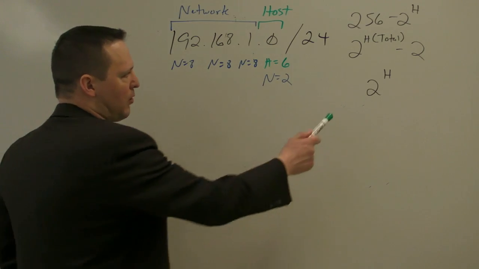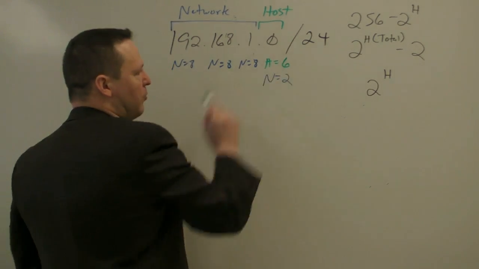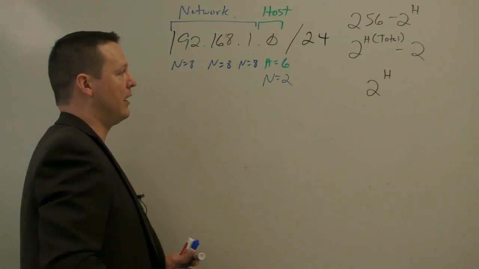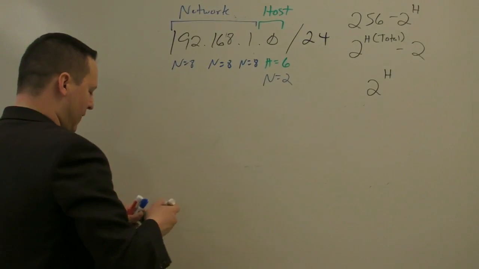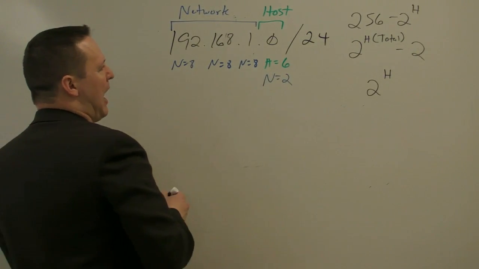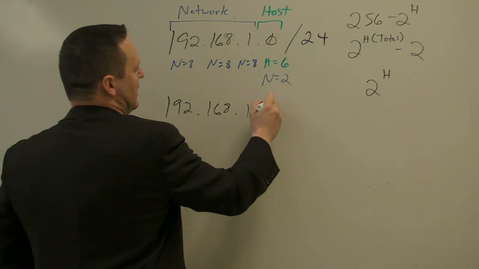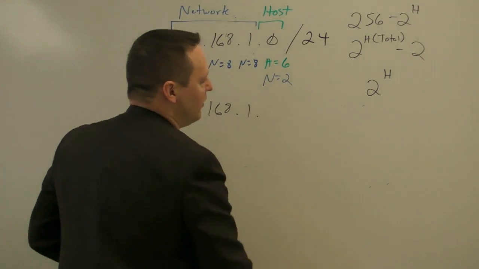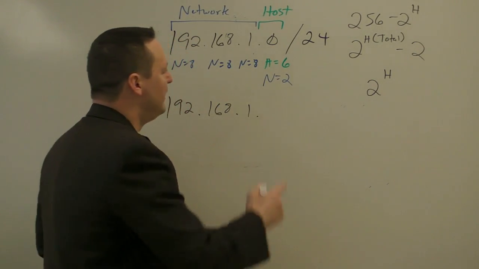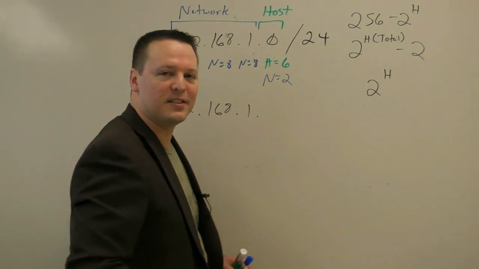Now, we progress in the octet we borrowed from every time. We borrowed from the 4th one here, we'll progress in the 4th one here. So 2 squared is 4, so we can identify our next subnet IDs by progressing by 4 in the, look at that. 2 to the H, not N. 2 to the 6th is 64.